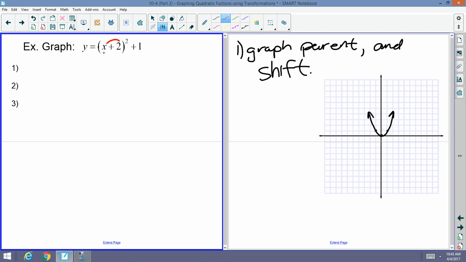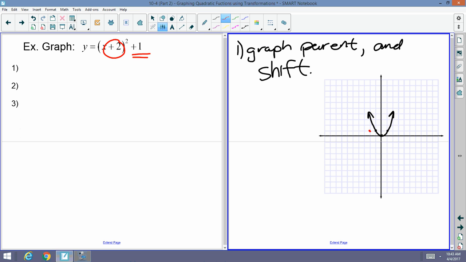No, 2 to the left and up 1. Remember, they're opposites, guys. When you have x plus an h, that means you have a negative h, you go to the left. So these points are shifted to the left and up 1. To the left, up 1. To the left, up 1. So 1 to the left, up 1.